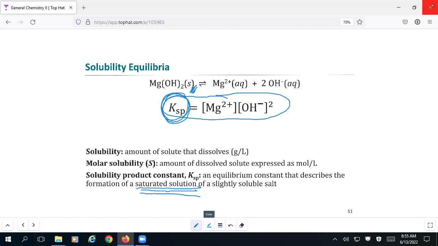And we can only use Ksp if that is the condition. If the solution is unsaturated, Ksp cannot apply, because whatever concentration we have is not the full concentration. We need to keep adding until we have that true equilibrium where we've got undissolved solid and dissolved ions in that solution at the same time.